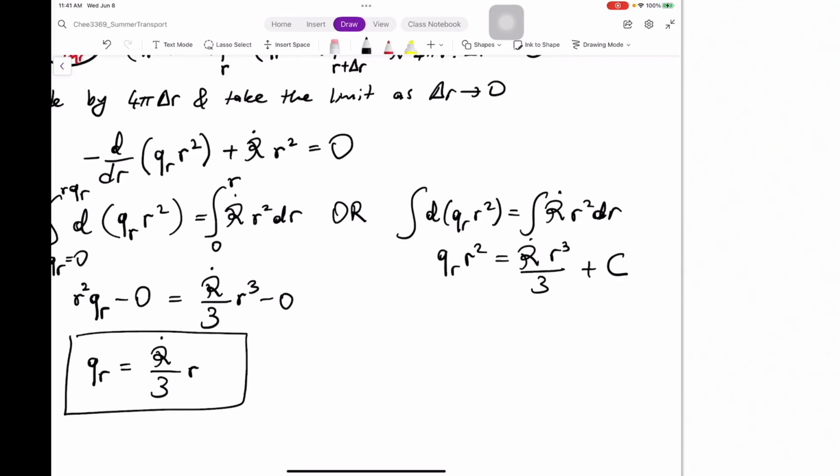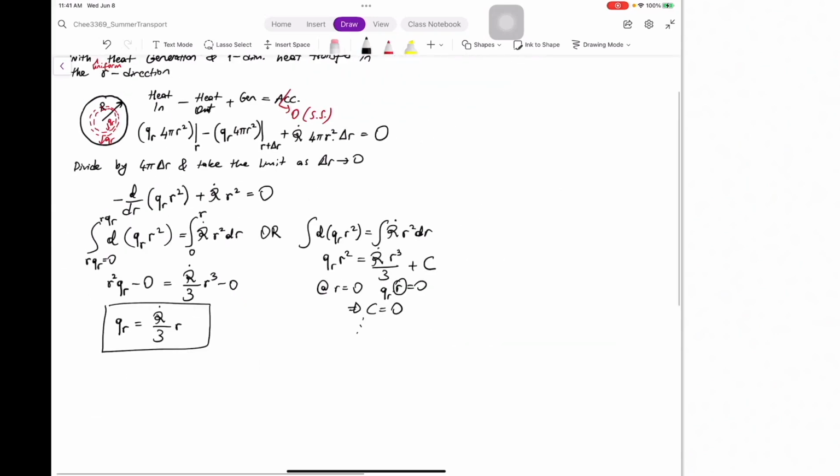Then you can actually write down a boundary condition. You can say at r equal to 0, QR times r squared is equal to 0, and then you would find out that c is equal to 0. You would find the same answer. Does that make sense? Yes, thank you. Okay, great. No problem.